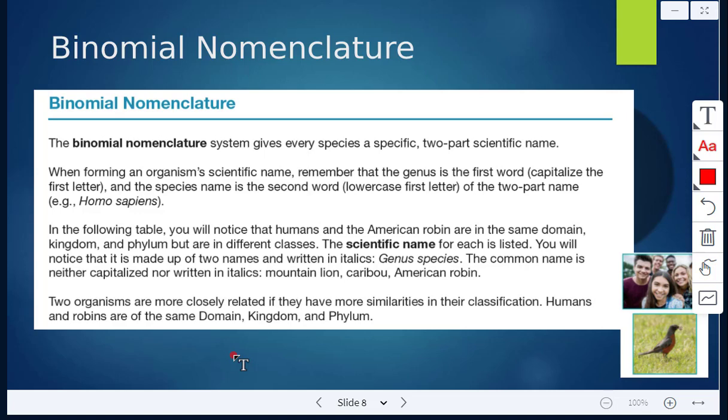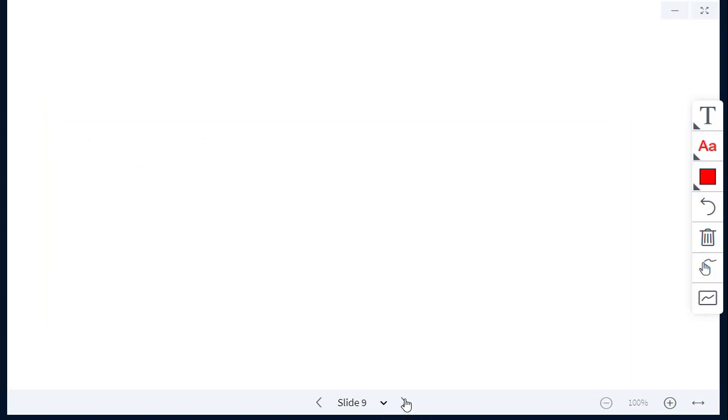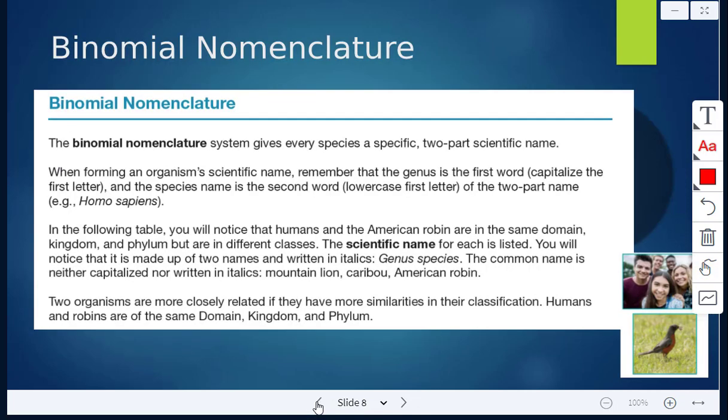All right, so we're going to look at the table next here, but what you're going to notice in this table is that humans and the American robin are in the same domain, kingdom and phylum, but are in different classes.